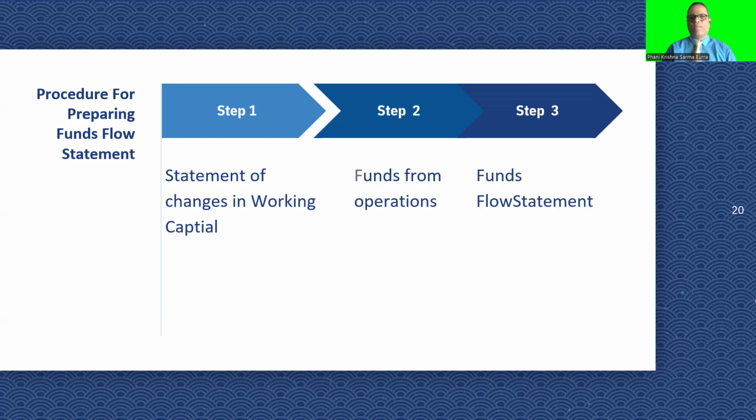Step number two, funds from operations. Here, all non-operating expenses are added back to the net profit, and non-operating incomes are deducted. Finally, we get funds from operations. So the profit shown in the profit and loss account is different from the funds from operations. The logic is that all non-cash items should be added back to know the real funds from operations.